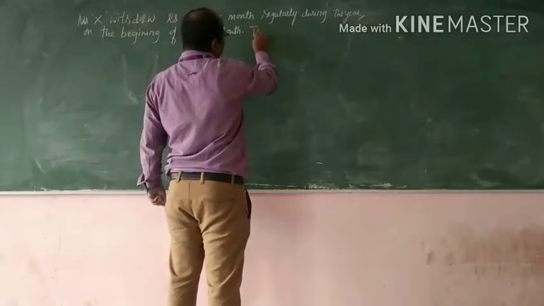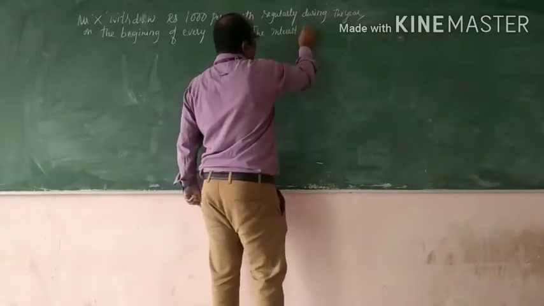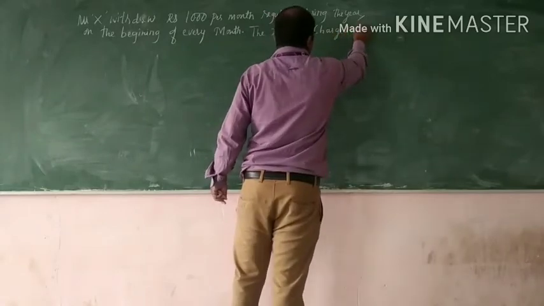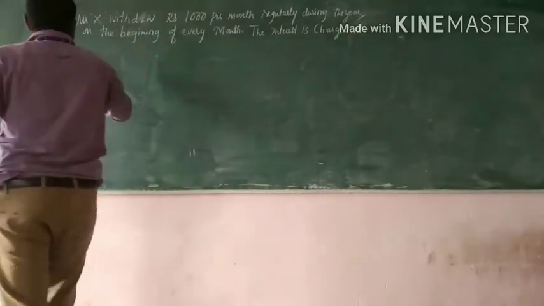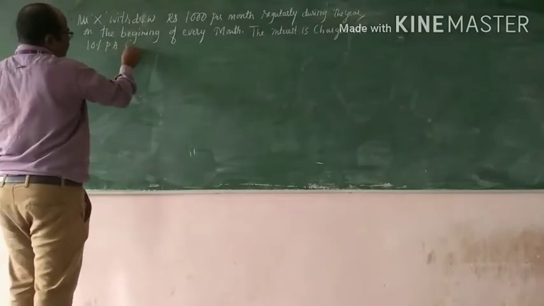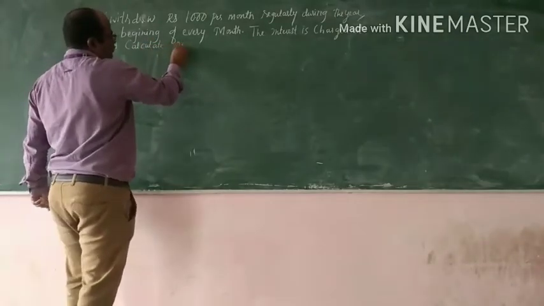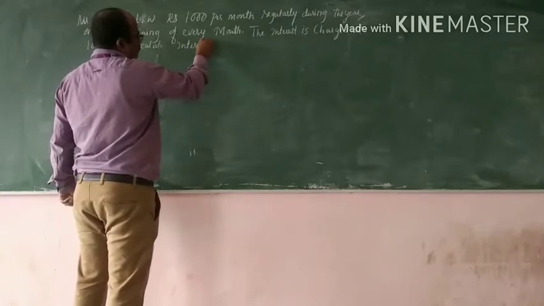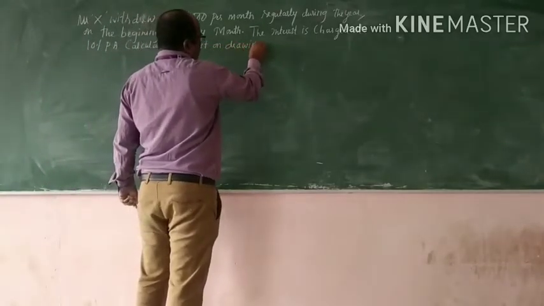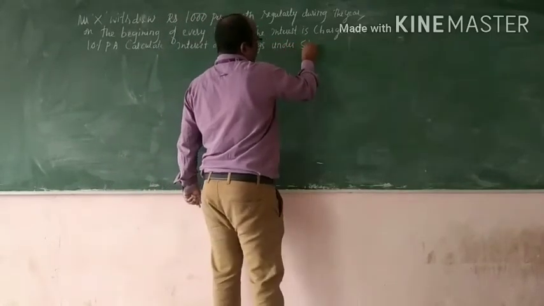The interest is charged at 10% per annum. Calculate interest on drawings under shortcut method.